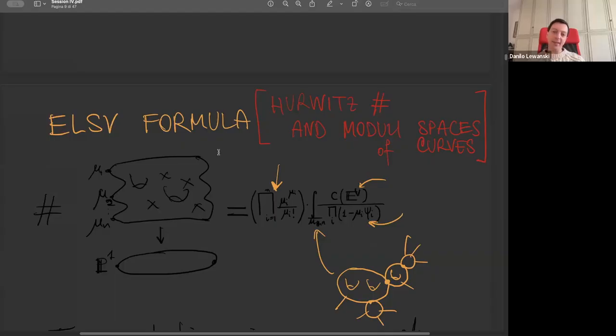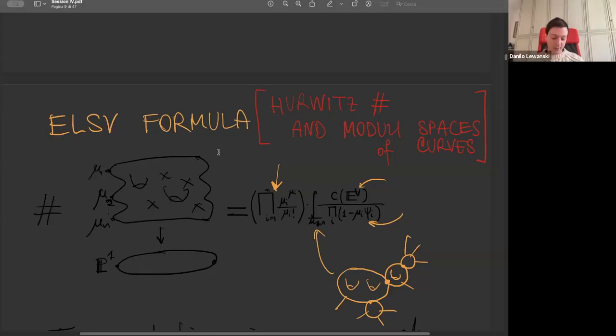But on the other hand, Hurwitz numbers have been studied by algebraic geometers and geometers for a much longer amount of time, more than 150 years. So somehow geometers don't need an extra motivation from physics to study Hurwitz numbers. They can be interesting per se.